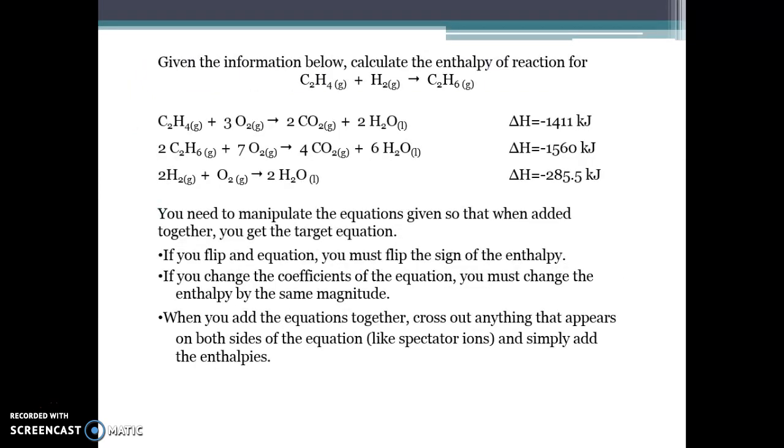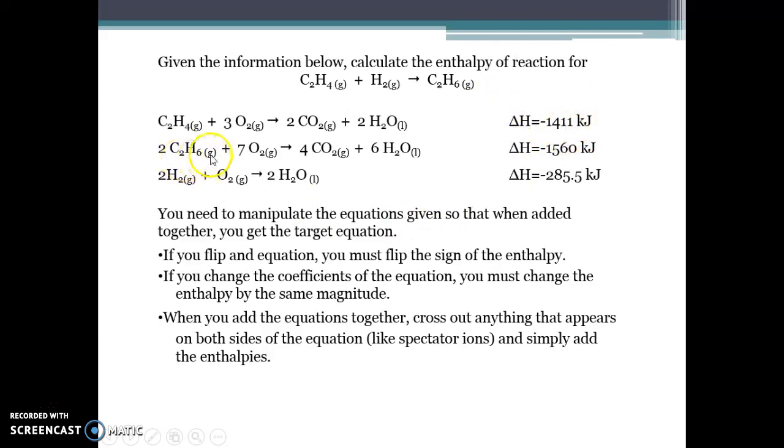So with that being said, here's an example of a Hess's law problem. So you're given this chemical reaction, C2H4, reacting with H2 to produce C2H6. We need to figure out what the delta H is. Unfortunately, we don't have a whole lot of information about that reaction, but what we do have is information about all these other reactions. We know that this reaction involving the combustion of C2H4 produces 1411 kilojoules.